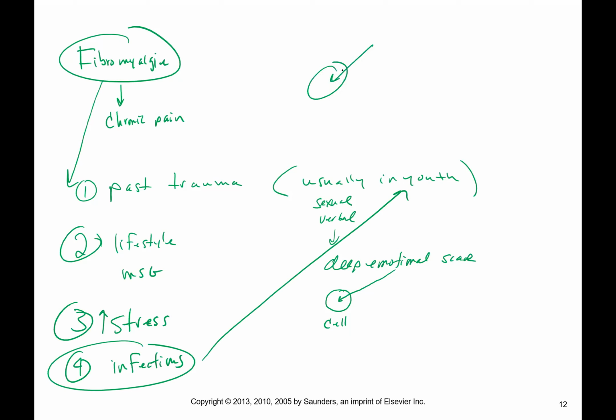And as time goes by, the cells have their physiological way that they try to handle these things, but unfortunately, it recruits the pain pathways. I work with a lot of fibromyalgia people. I have no magic wand.